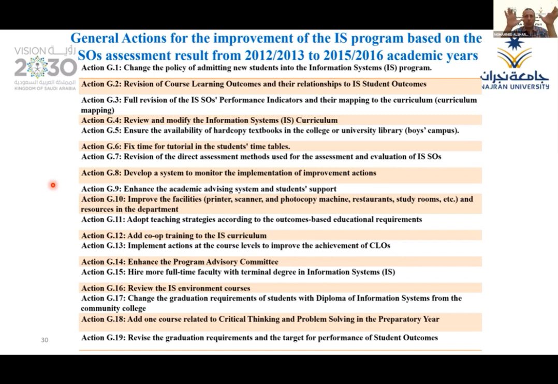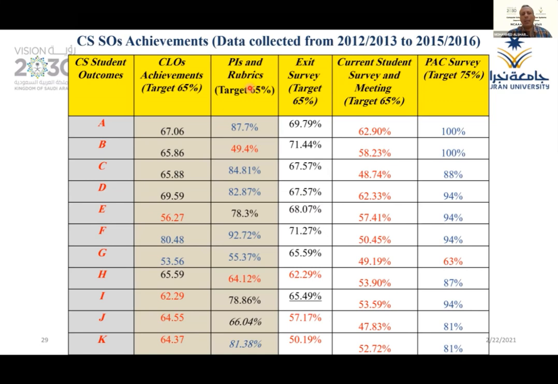We design the assessment for 4 years, we do it, we evaluate it, and this is the assessment result. Based on that, why this one, for example E, was 65, why this one was 62, we have designed an action plan like this one.